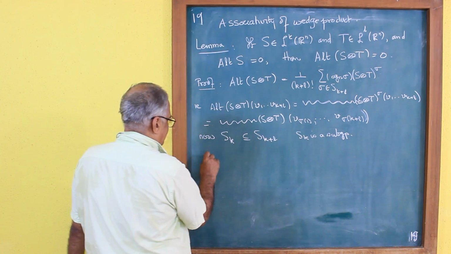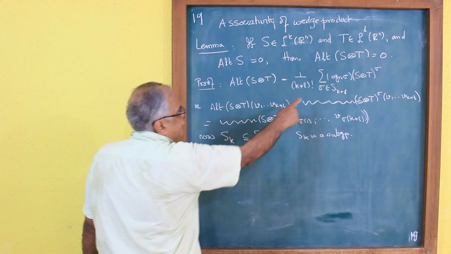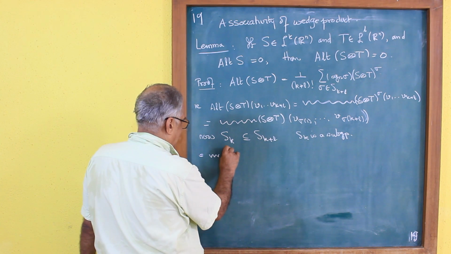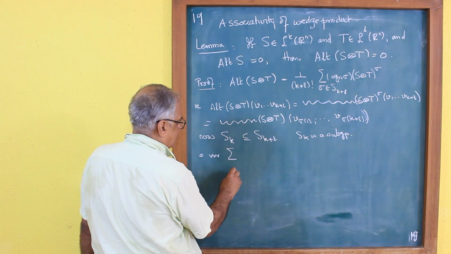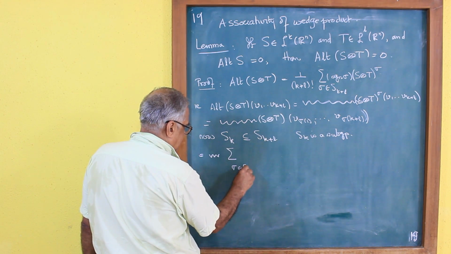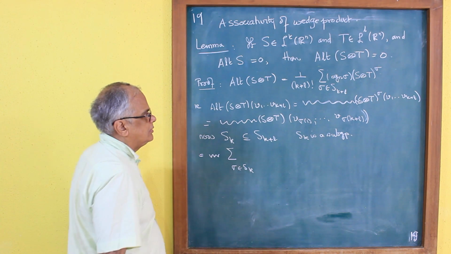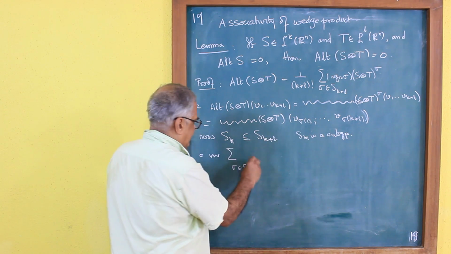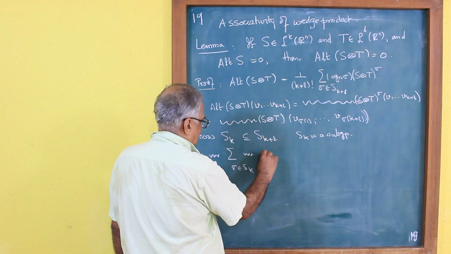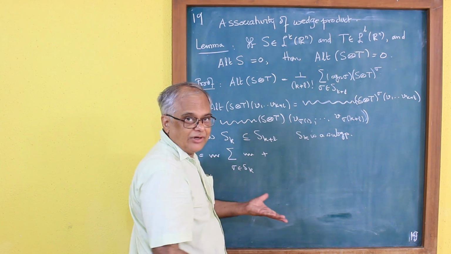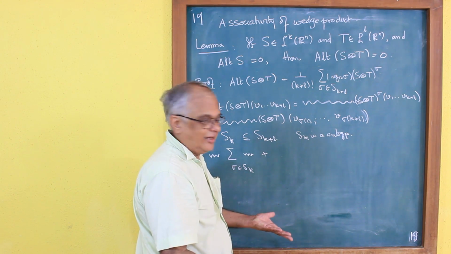So in that sum, sigma in Sk plus l, I will first take the sum over sigma in the subgroup of this quantity. Then I have to take the things which are not in Sk.